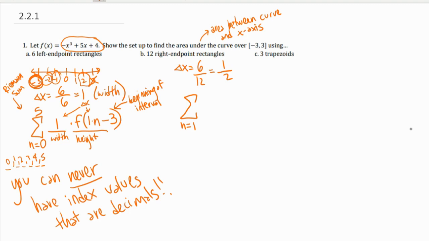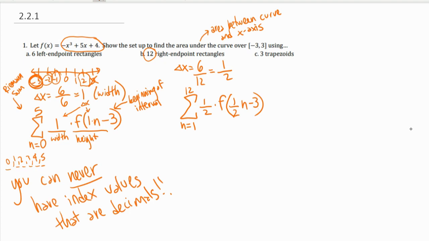So n equals 1, I have a total of 12, so I'm going to end at 12. Because if I start at 1 and end at 12, I'm plugging in the numbers 1, 2, 3, 4, 5, 6, 7, 8, 9, 10, 11, 12, and that is a total of 12. Then I'm going to do width, which is 1/2, times my height, which is f of, and then we're going to actually use the same formula as for left endpoint rectangles: 1/2 n, so my width times n minus 3, the beginning of my interval.